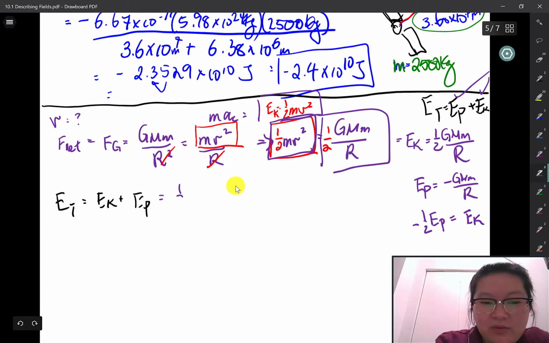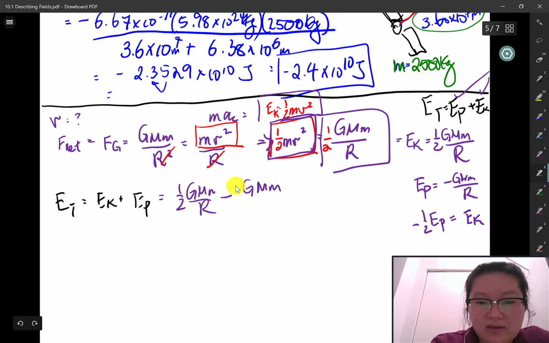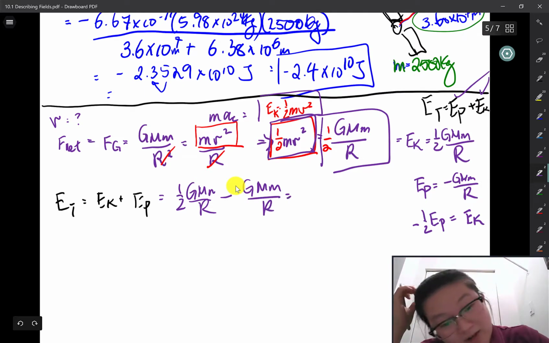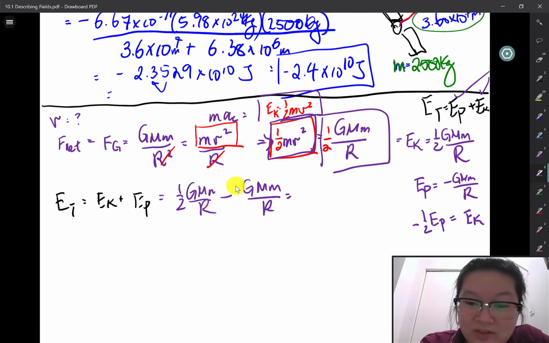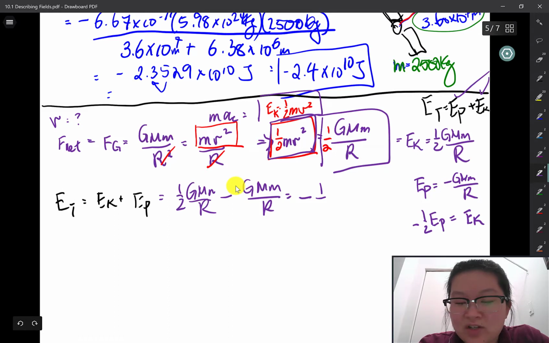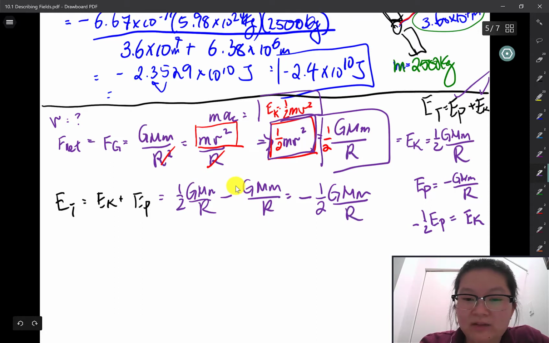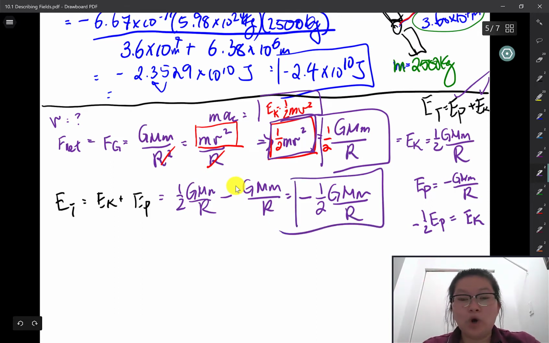EK is positive 1/2, minus, because EP is negative here, and since we subtract these two, we end up with negative. So you have 1/2 minus 1, which is just negative 1/2, and the rest is big G, big M, small m over R. That is total energy. Woohoo!